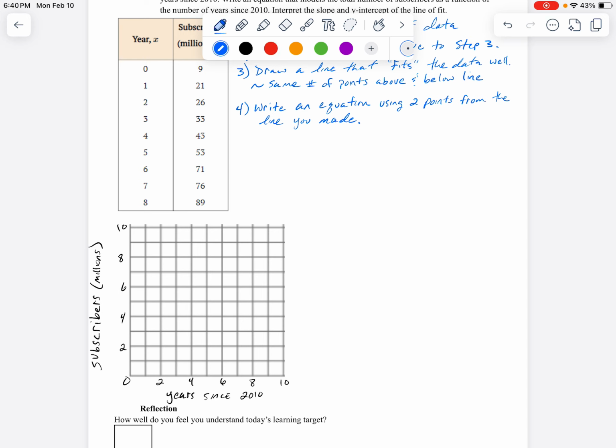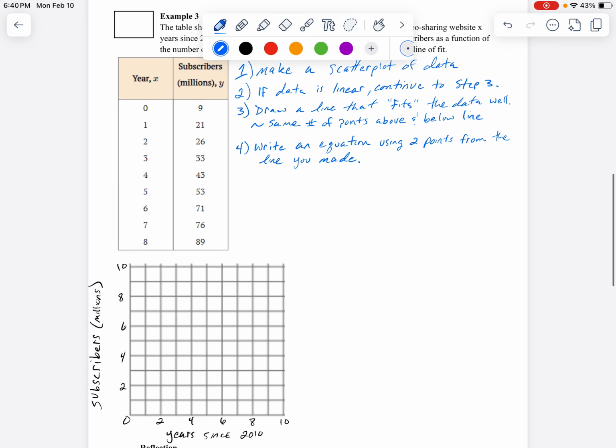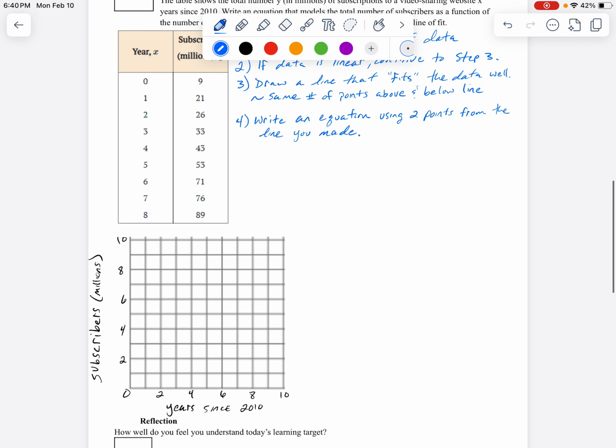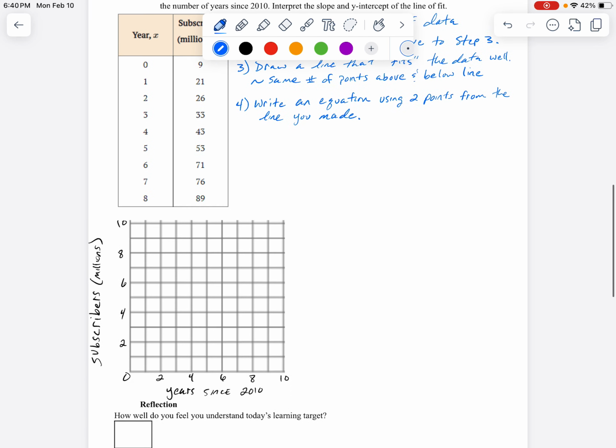So 0, and we've got 9 million subscribers. I'm realizing I'm going to have to change these values a little bit here. So this should actually be 20 million, 40, 60, 80, and 100 million.